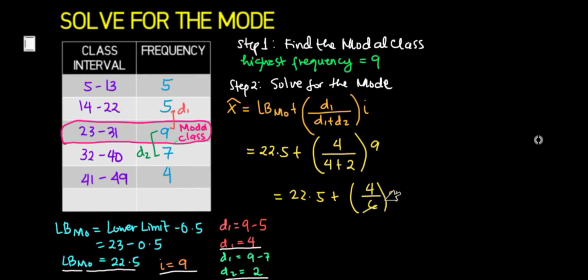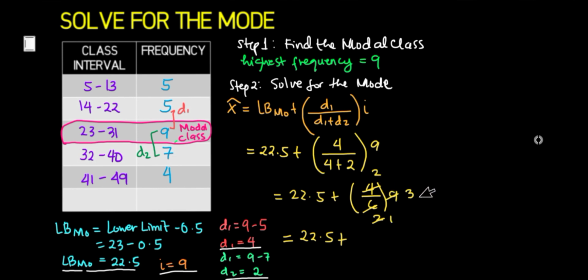So, 6 and 9 divide natin by 3. So, 3 na lang to. Ito 2. And then, 4 and 2, pwede ulit ma-cancel. So, 4 divided by 2 is 2. 2 divided by 2 is 1. So, dito tayo, 22.5 plus, so, natira na lang sa taas is 2. Dito naman sa denominator, 1 na lang.